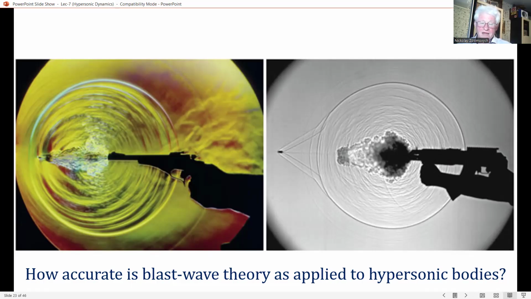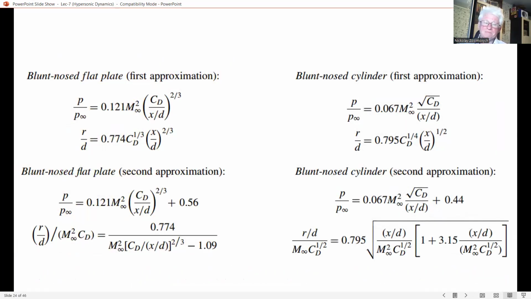So let's start with the blunt nose flat plate in the first approximation. We have two equations here, for P over P infinity and R over D. We just mentioned both of these equations.